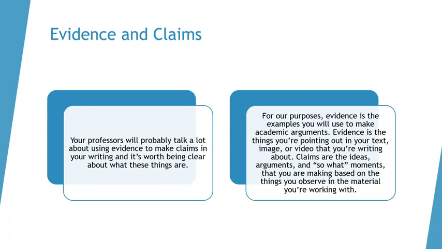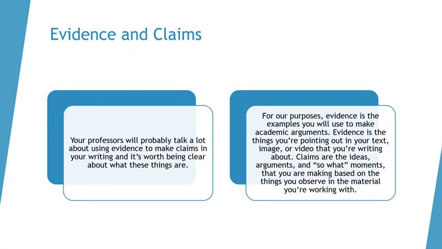So we're going to talk about evidence and claims today. Your professors are probably going to talk about this. They're going to ask you to find evidence in the text you're working with and make claims about it in your writing. For our purposes, evidence is the examples that we use to make academic arguments. So evidence are the observations, the things in the text that you're pointing out that you think are important: images, symbols, themes, things like that.